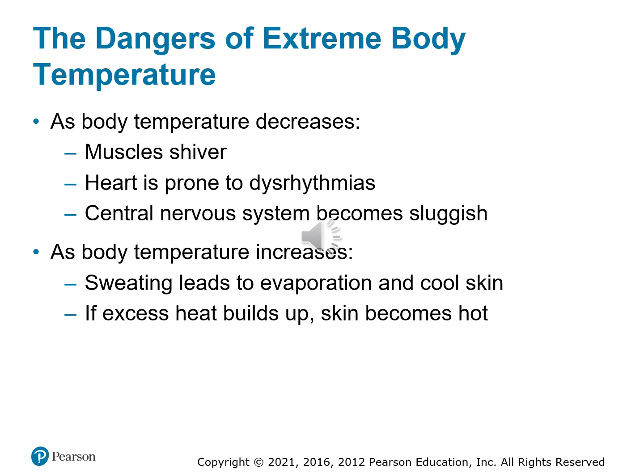Kind of just reflecting here a little bit on the dangers of extreme body temperature. As the body temperature decreases, the first thing that's going to occur is the muscles are going to start to shiver. With that, the heart becomes irritable and more prone to dysrhythmias.